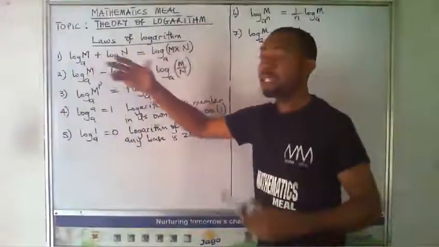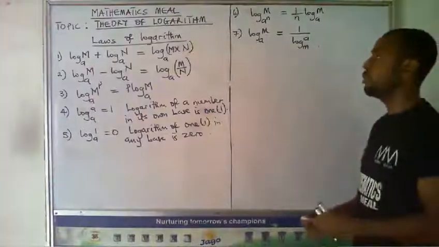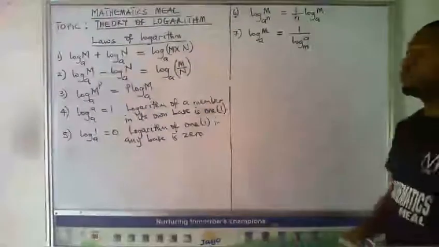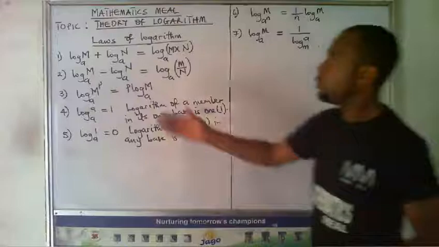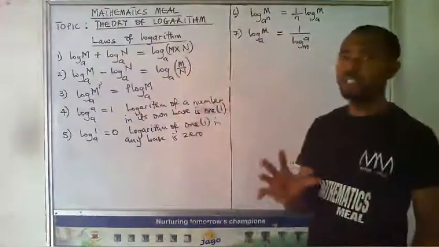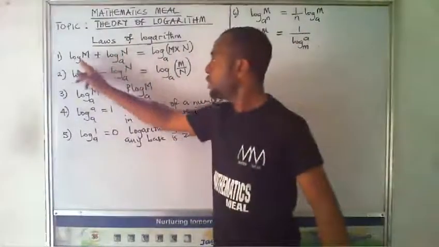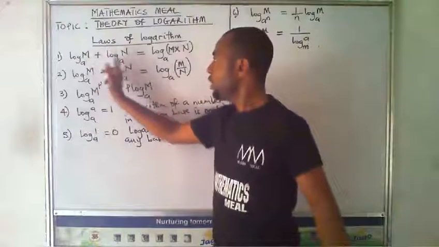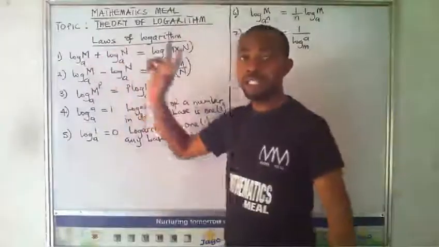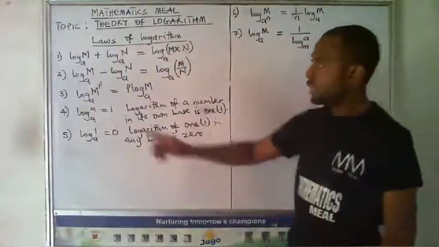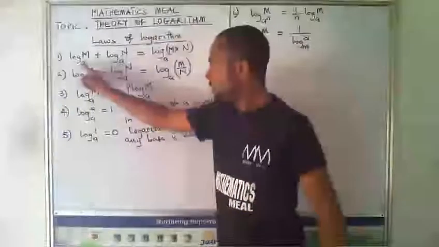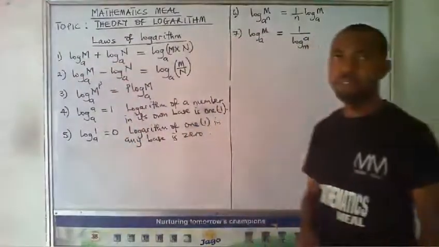What exactly is the first law of logarithm talking about? Now, look at it. There are 2 things of interest. Number 1, the operation between these 2 logarithms is addition. Then the second thing is that they have the same base.